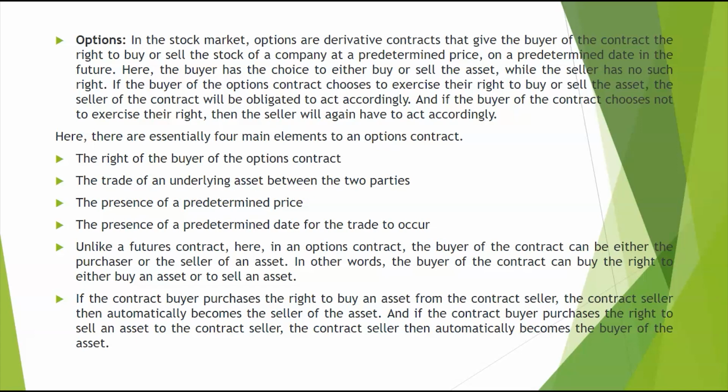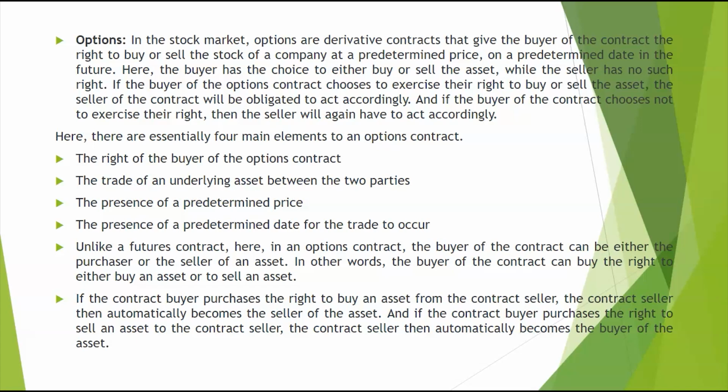If the buyer of the options contract chooses to exercise their right to buy or sell the asset, the seller of the contract will be obligated to act accordingly. And if the buyer of the contract chooses not to exercise their right, then the seller will again have to act accordingly. There are essentially 4 main elements to an option contract.